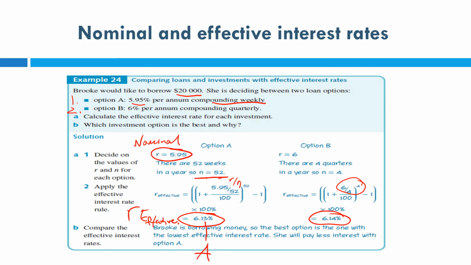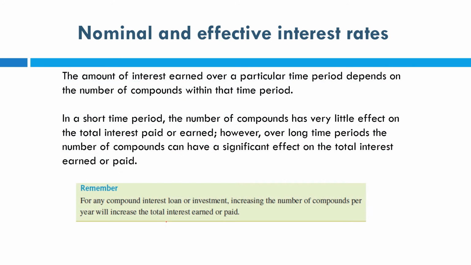If instead she was investing that money, she would want a higher rate because it would make it grow faster. So the key here is investing or borrowing. If you're borrowing, we want less interest rate. If you're investing, we want more, higher, for our money. The amount of interest earned over a particular time period depends on the number of compounds within that time period.